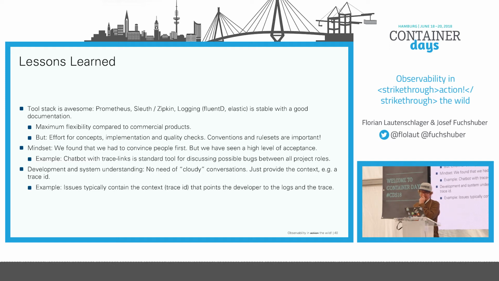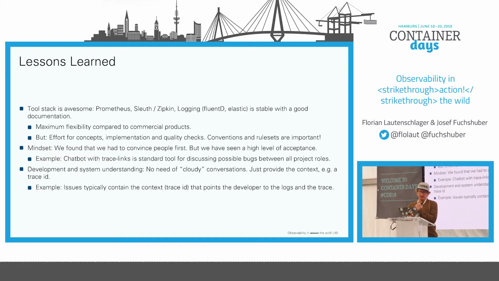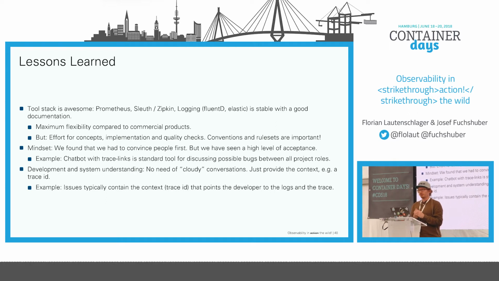So, lessons learned behind this all. The open source stack with Fluentd and so on, and Prometheus and Zipkin and Sleuth, is very stable, bulletproof. You can use it in production. It's well documented. It's easy to use.